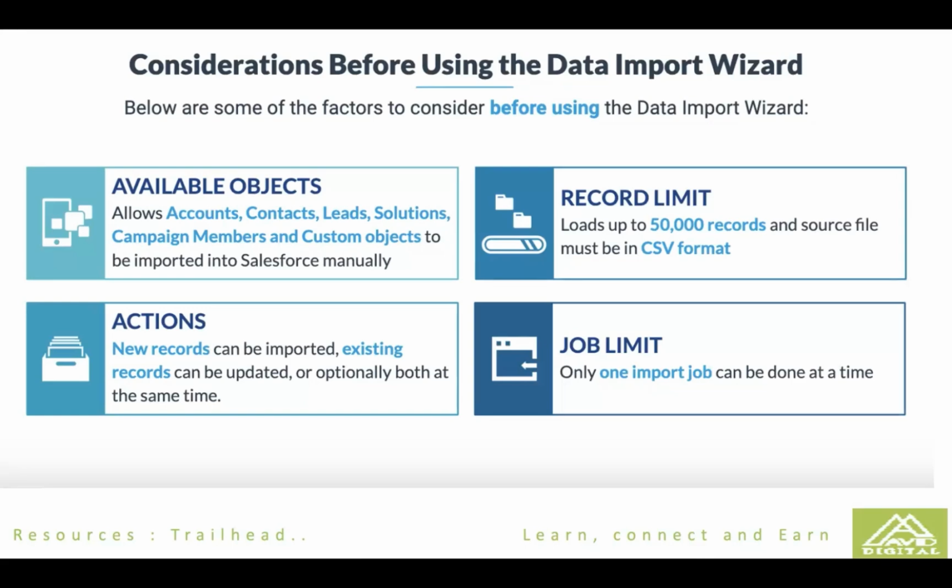Action: new records can be imported, existing records can be updated, or optionally both at the same time. Already explained that. Record limit: when you are using Data Import Wizard, it can load up to 50,000 records. The source file must be in CSV format. Job limits: only one import job can be done at a time.